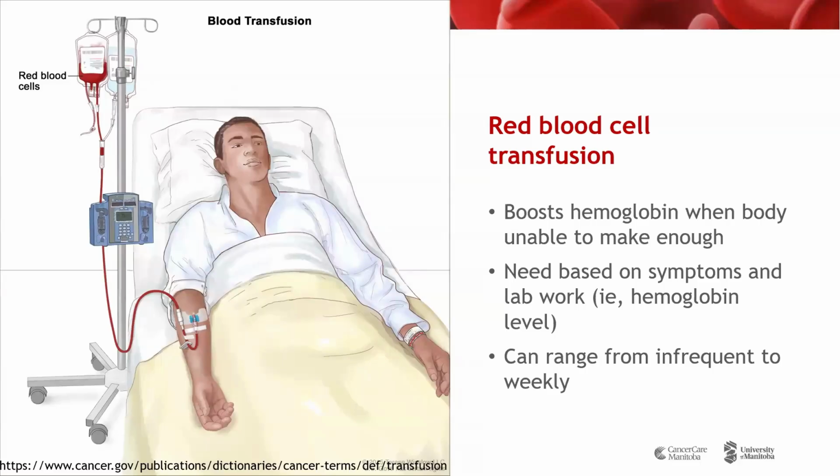So how do we do a transfusion and why do we do a transfusion? There are different ways to do blood transfusions. In MDS clinic, ideally we try to do them more proactively, meaning that we're not doing them in an emergency setting or in the emergency department at all. So we tend to serially monitor people over time so that we can catch a lower blood count before it becomes critical.